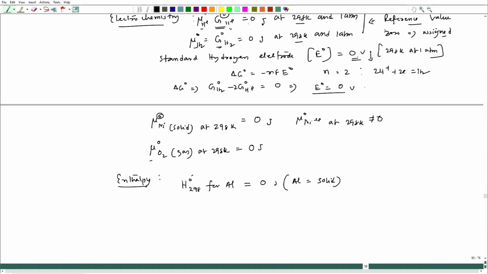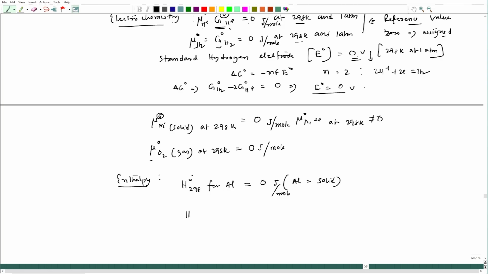Again that is given as 0, and remember these are for 1 mole of substance, so joule per mole, because we are trying to calculate per mole. So the standard enthalpy at 298 Kelvin for solid aluminium is 0.